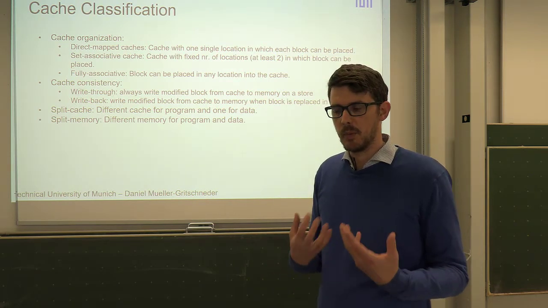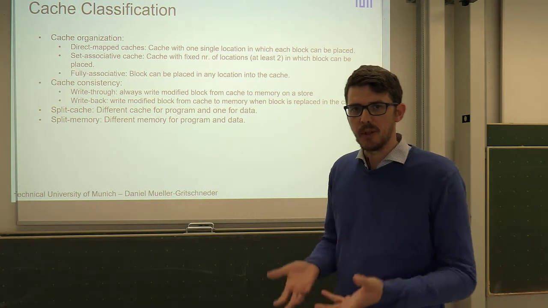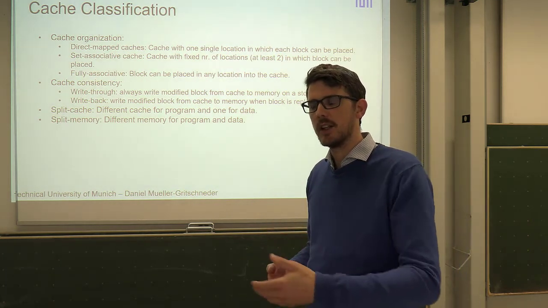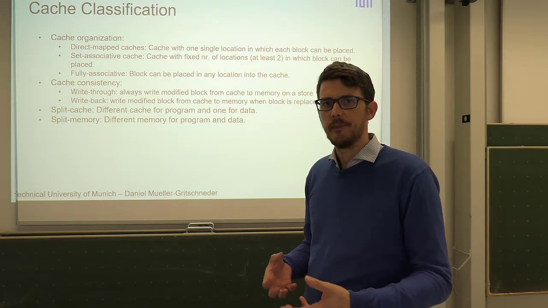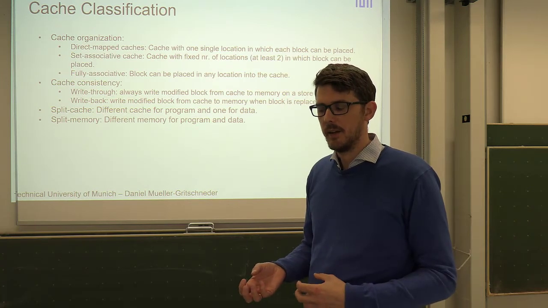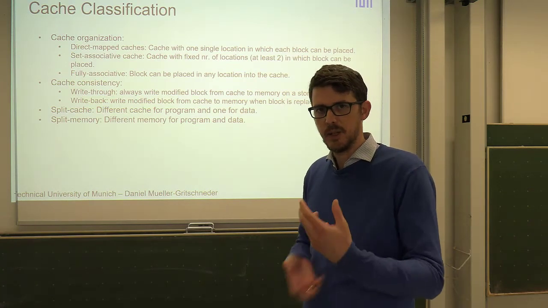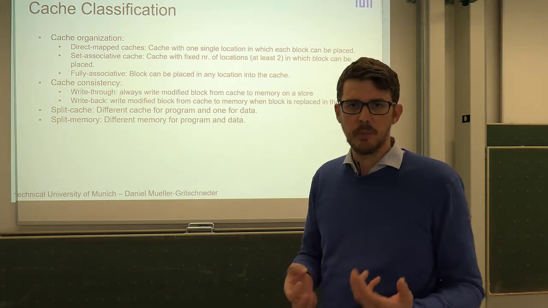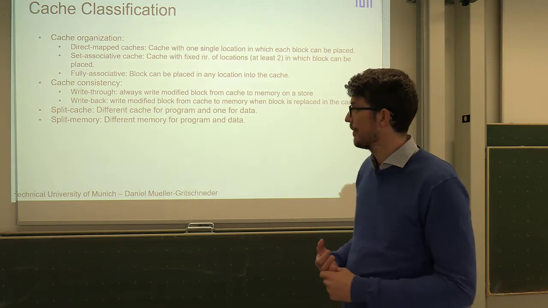That means you get the most hits, but the lookup is more expensive. So now you have to look at every location in the cache to see if your data is there. All right, so it's a tradeoff between being flexible to store the data and cache it, and how complex the lookup becomes to find the data in the cache.